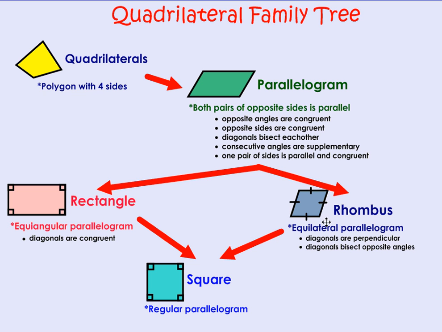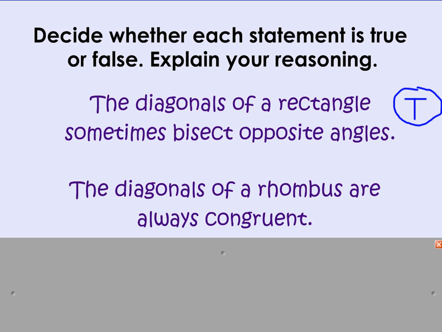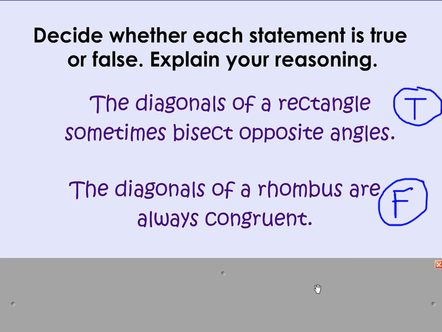We can say that it'll sometimes have diagonals that are congruent when it's a square, but this isn't happening all the time. So the statement that the diagonals of a rhombus are congruent is only sometimes true, and our statement wanted us to say that it was always true. So we're going to have to say that this is false, because that is not a property of rhombuses.